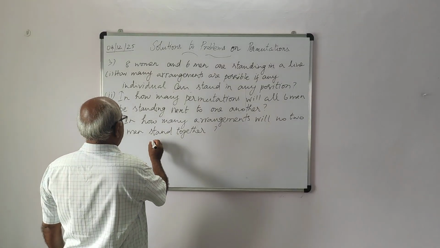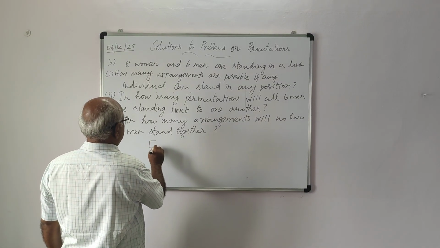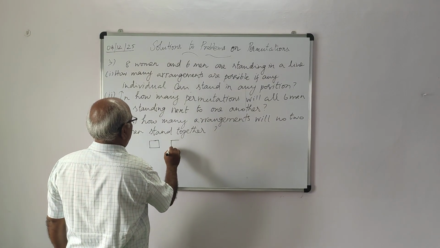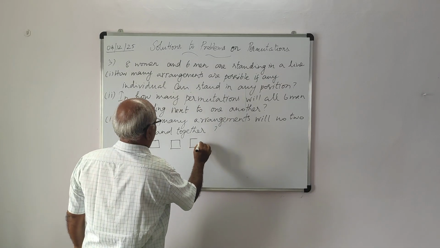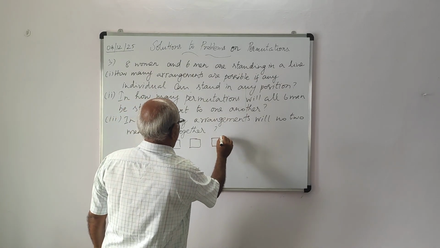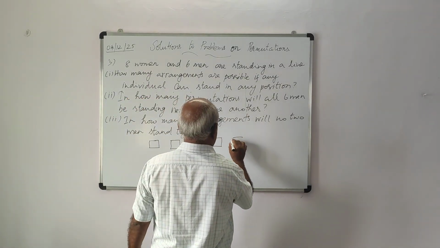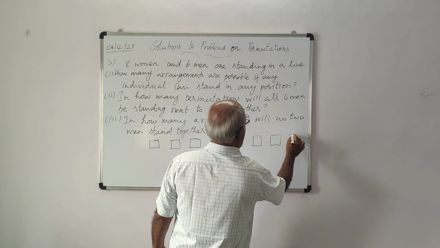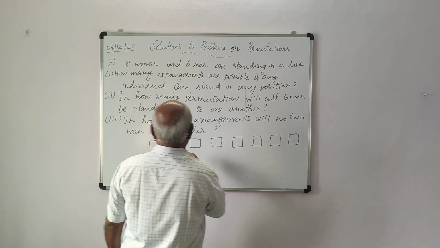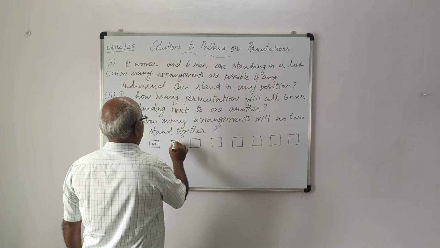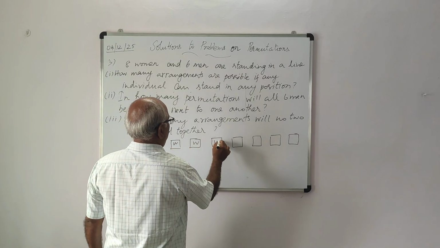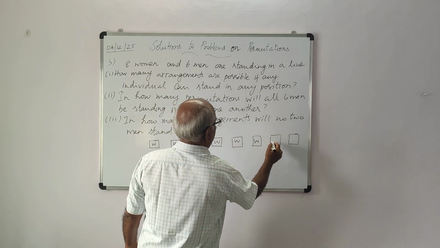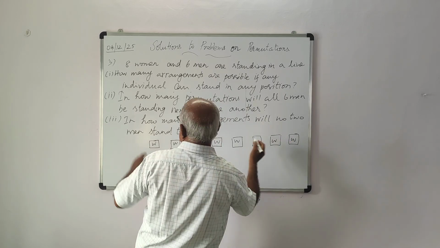See, totally, 8 women. 1, 2, 3, 4, 5, 6, 7, 8 women are there.